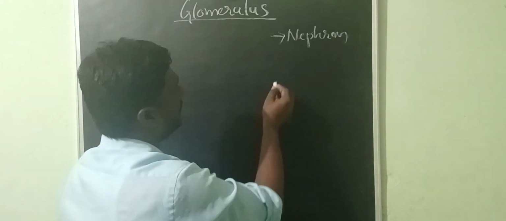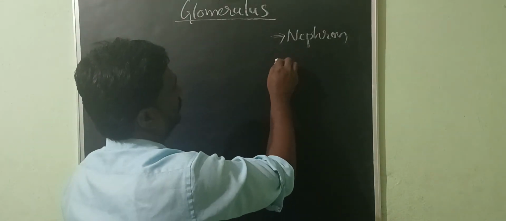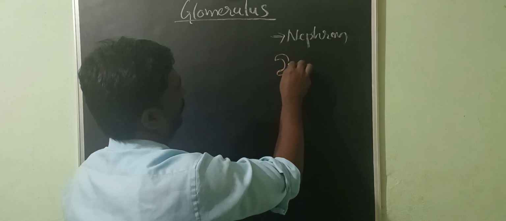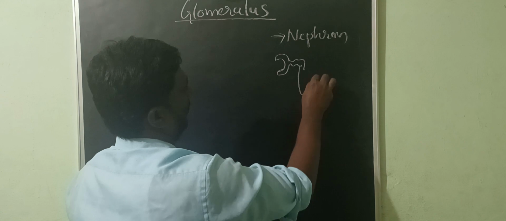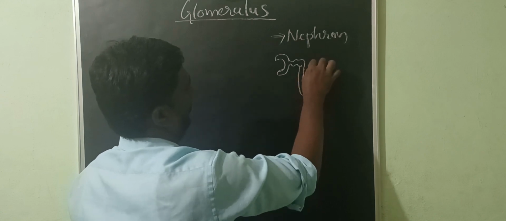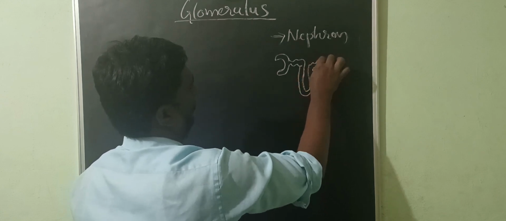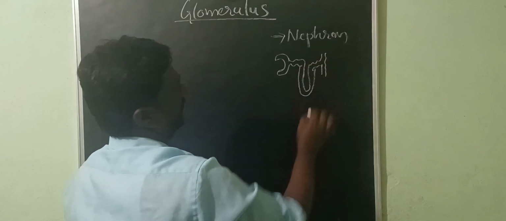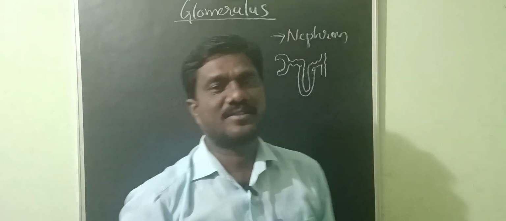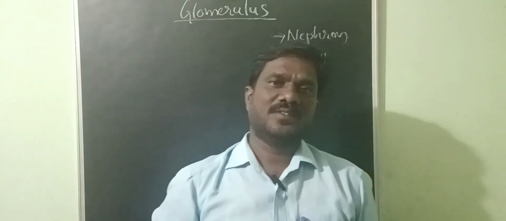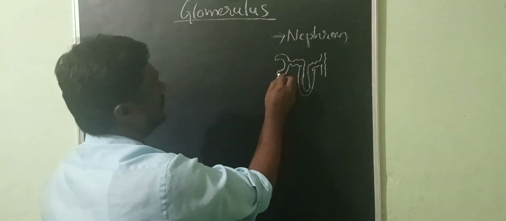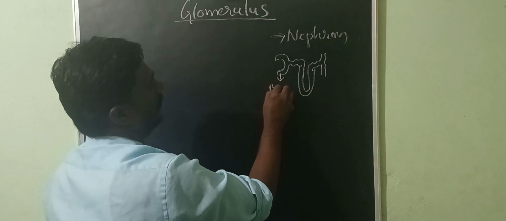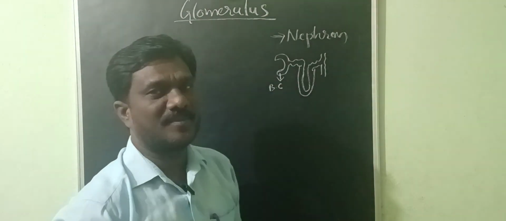The nephron has this structure. This is the Bowman's capsule, or Malpighian capsule.